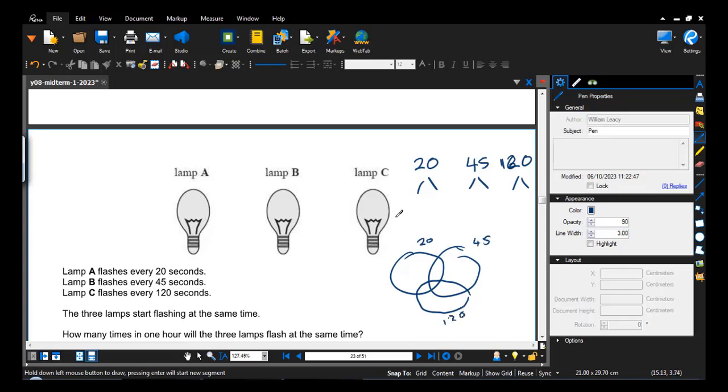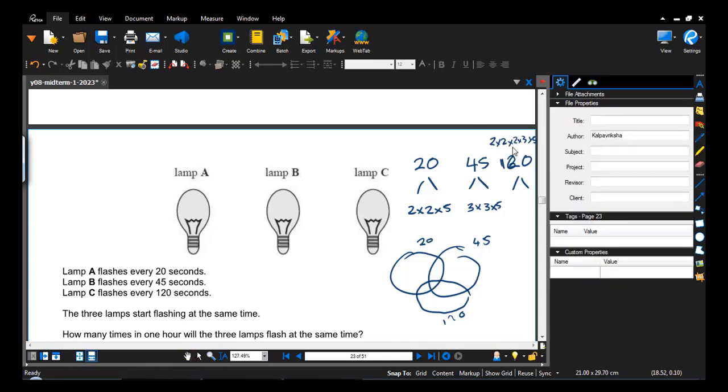Let's say 20 was 2 times 2 times 5, and 45 was 3 times 3 times 5, and 120 was 2 times 2 times 2 times 3 times 5. I don't know if that's true, but let's just say that.